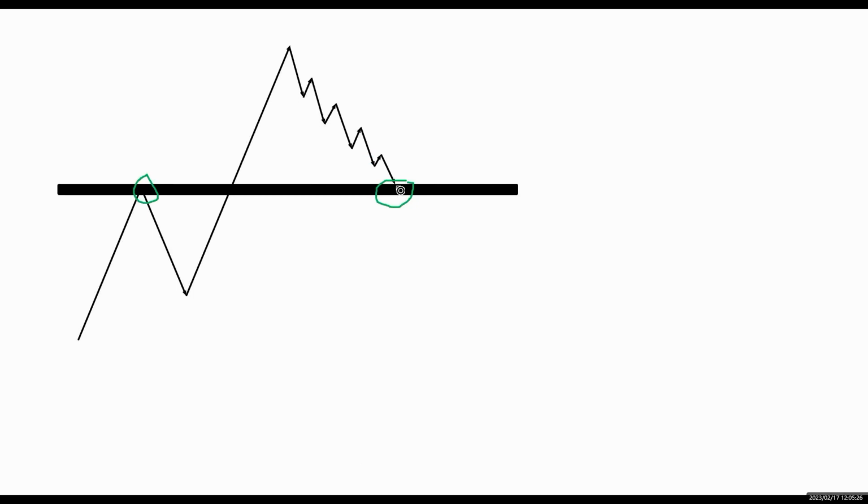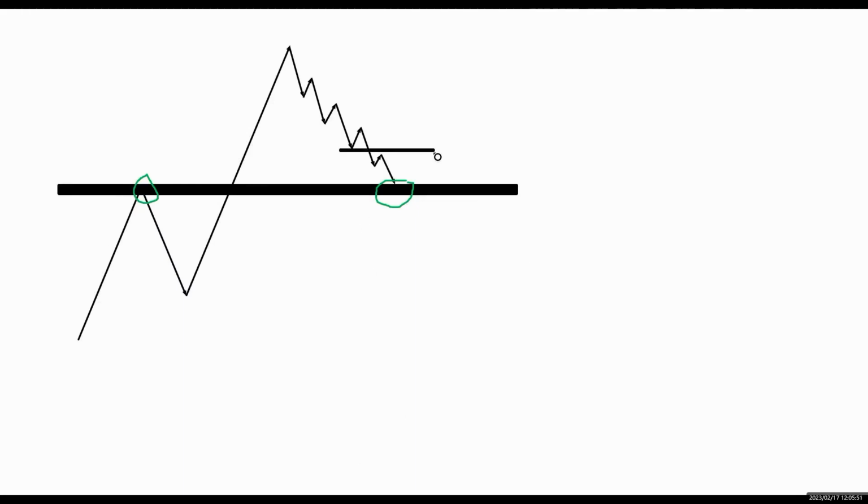So what's the next thing I do? I want to see how price is going to react with the lower high structure it has been forming all along. What do I mean? Lower high, lower high, lower high. All I want to see at the end of the day is the break of this particular structure.